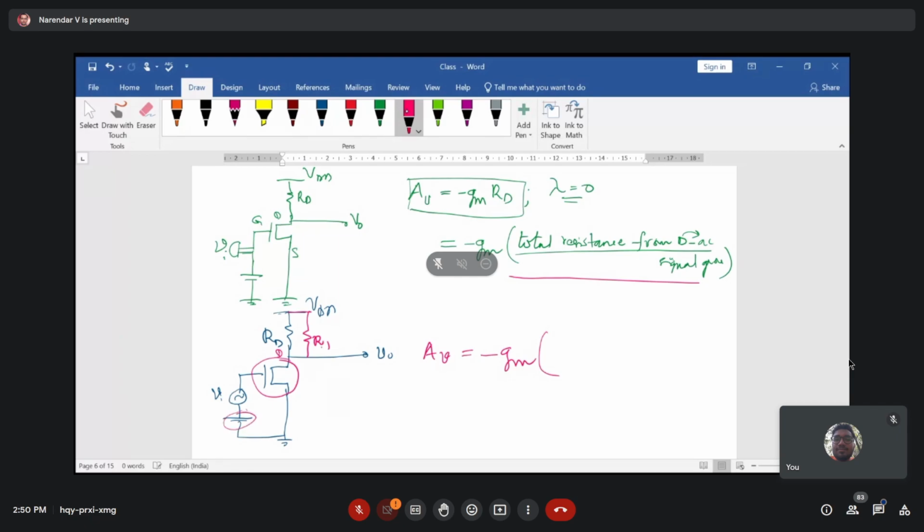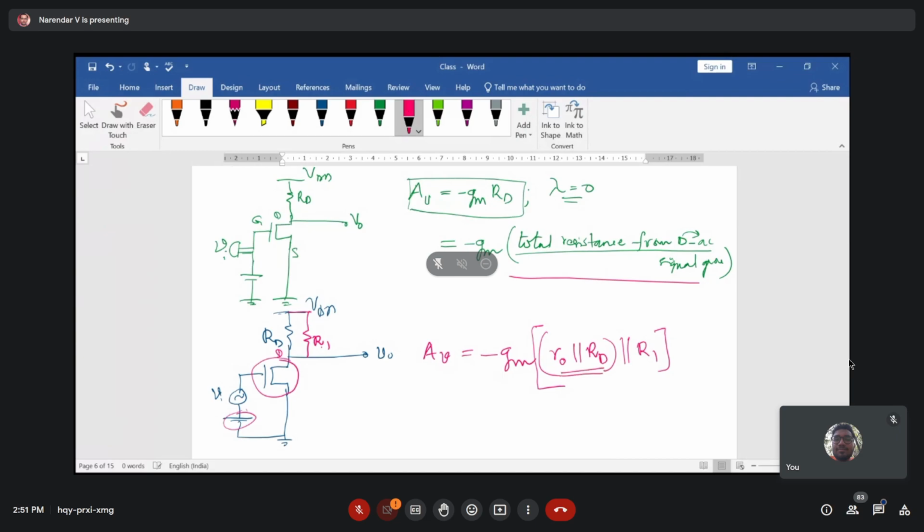So these two resistors are going to be in parallel. What you can write here is R naught parallel with RD, if there is a channel length modulation factor, and parallel with the R1 resistor. This is the gain of the amplifier that you can see.